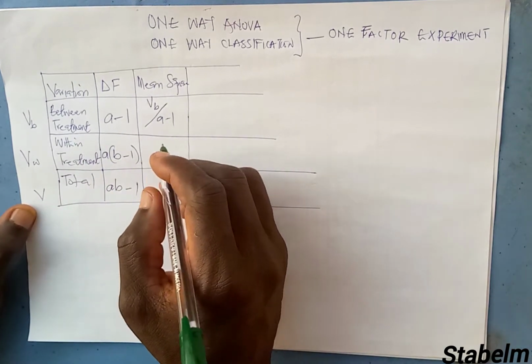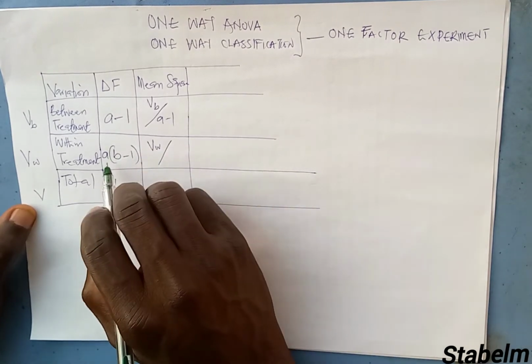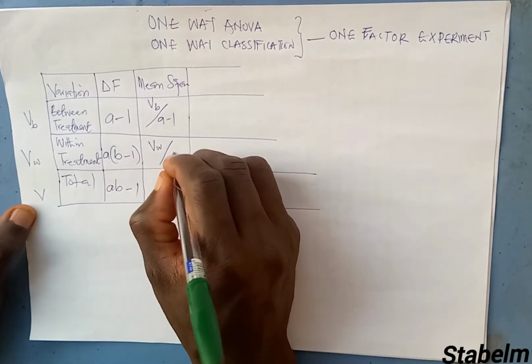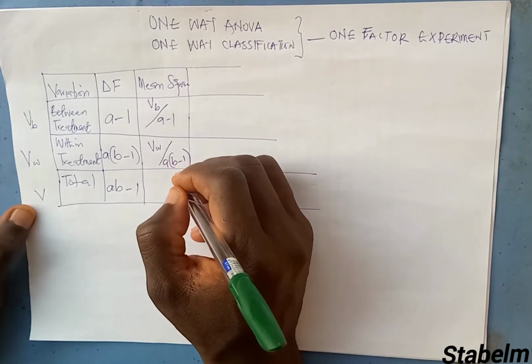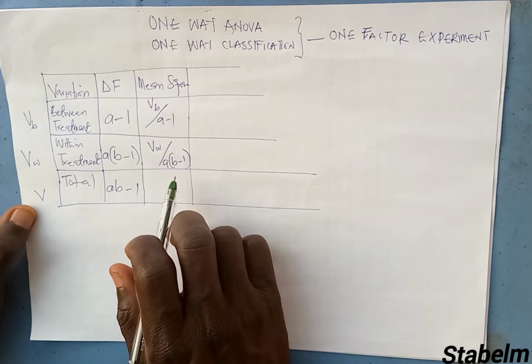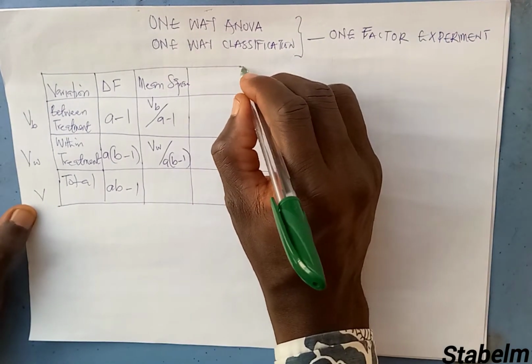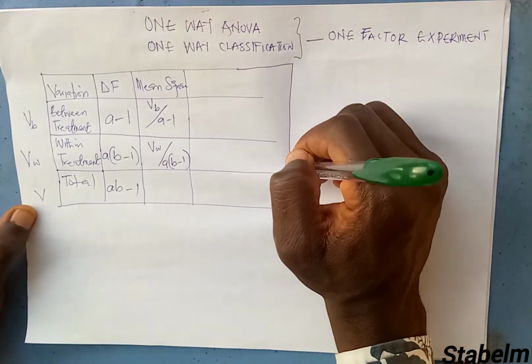Here, we have V subscript W divided by its degree of freedom, which is a into bracket b minus 1. For the total, we do not need a mean square.